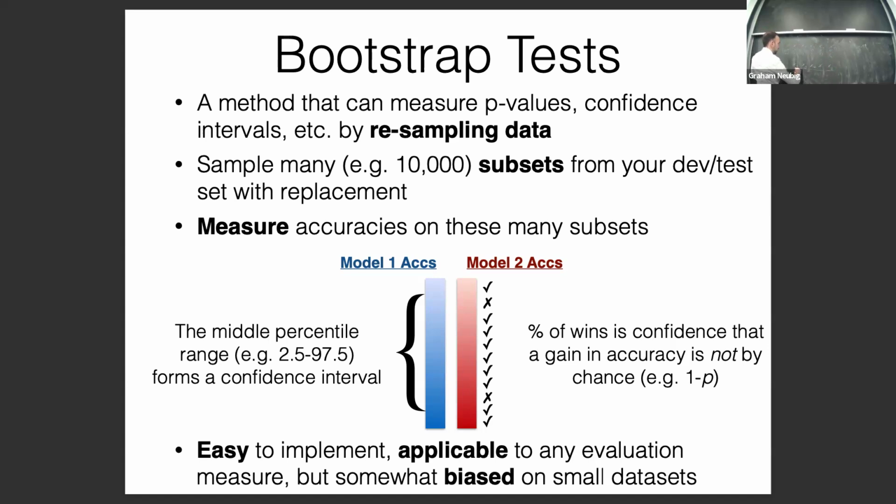So X3 would be 0, 1, X2 would be 1, 1, X4 would be 1, 0, X1 would be 1, 1, and X2 would be 1, 1. And so the overall accuracy here is 60%.